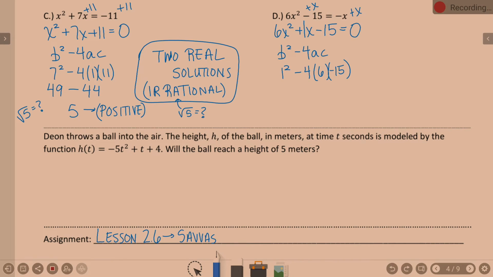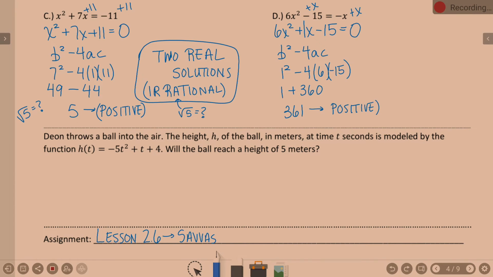Okay, 1 squared is 1 minus 4 times 6 times minus 15? How about positive 360? A minus times a negative is going to make it plus 360. 1 plus 360 is going to be 361.